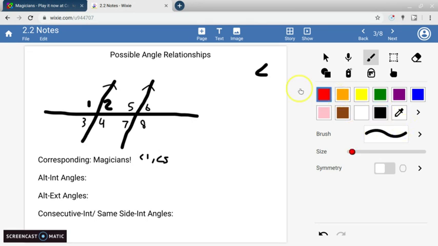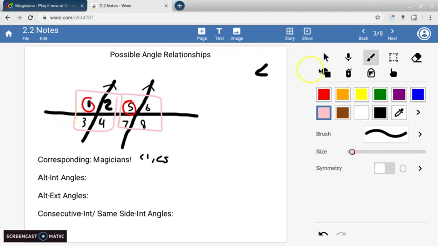They are corresponding because you can think of the 8 angles as 2 separate parts: this part right here and this part right here. Now think, if you were to take this part and put it on top of that part, which ones would line up?